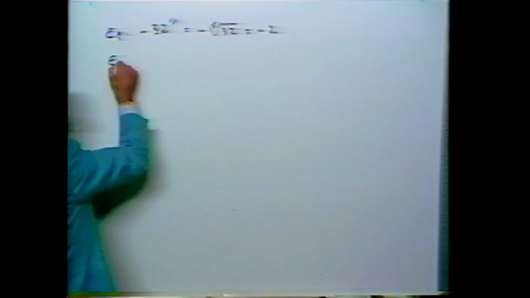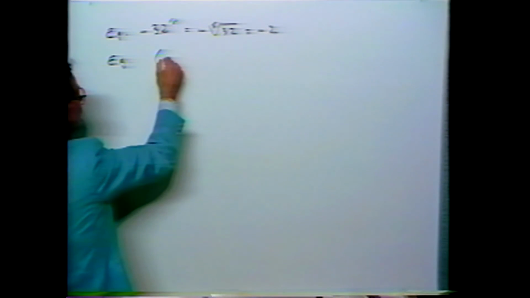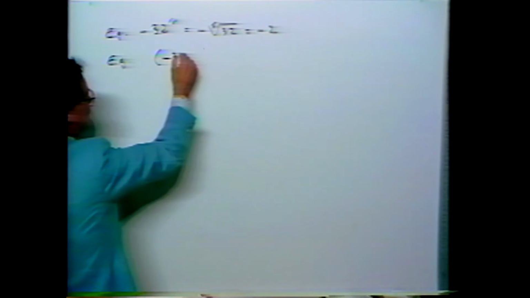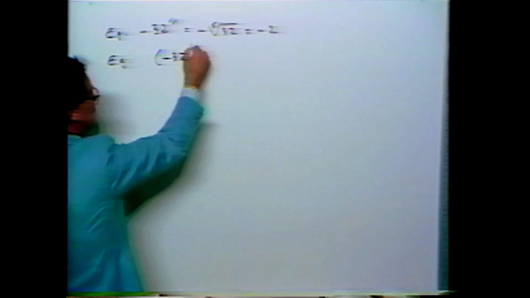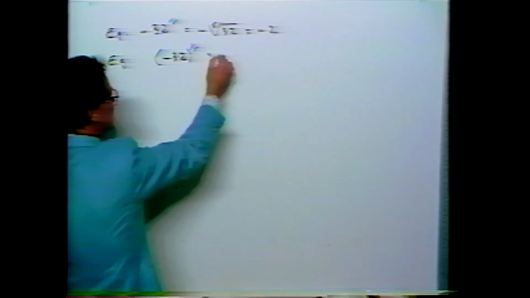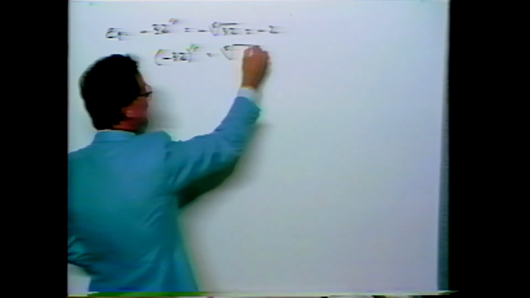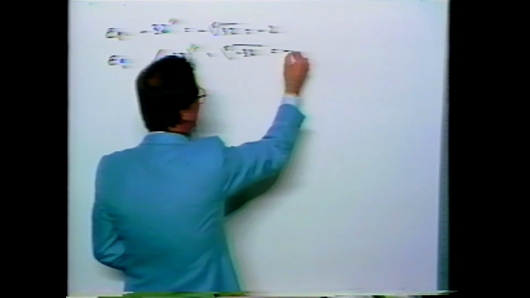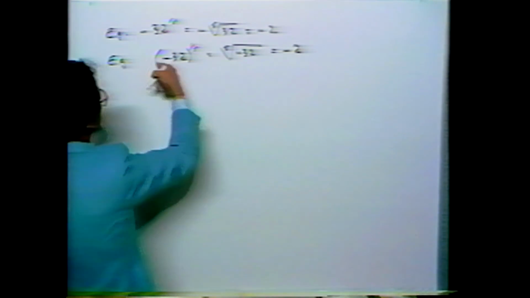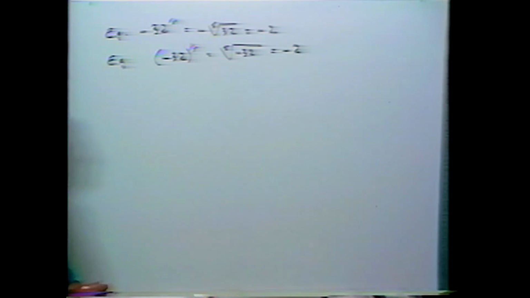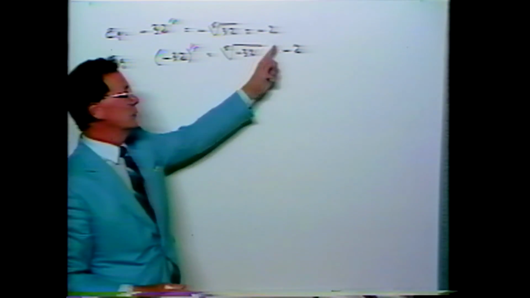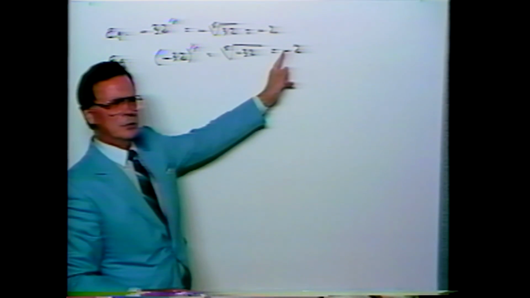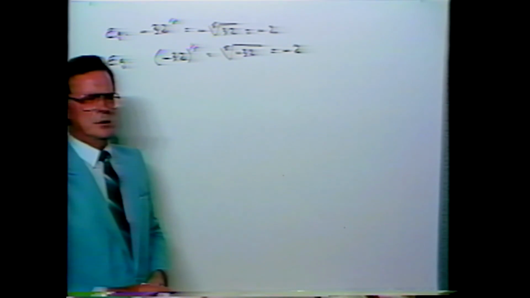Another example, enclose the negative sign within the brackets. This is then the 5th root of negative 32, and that is negative 2. Compare these results and see that they are different, even though the final answers are the same.